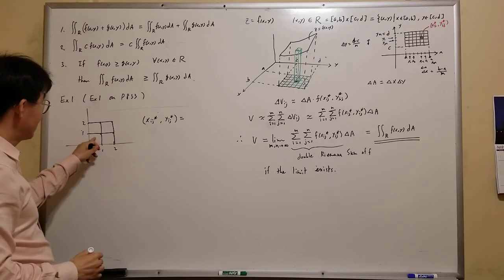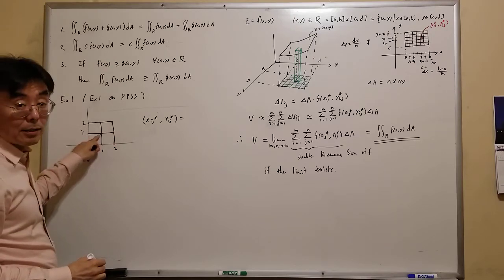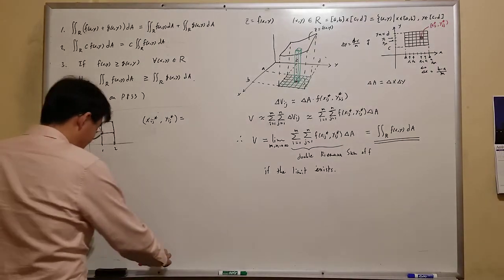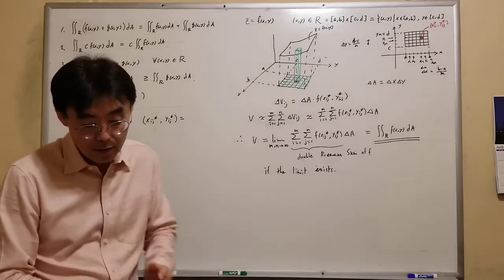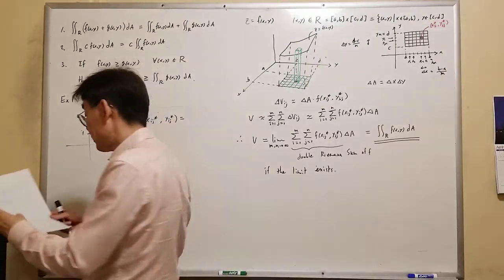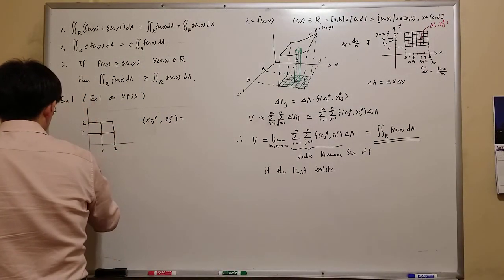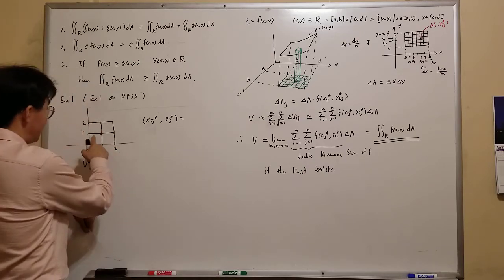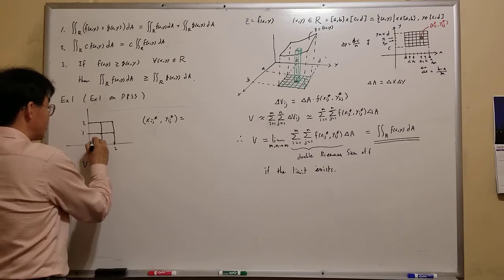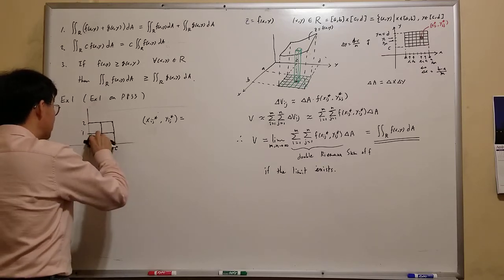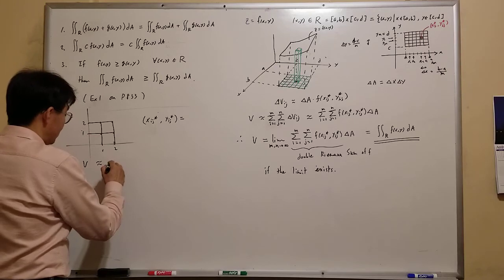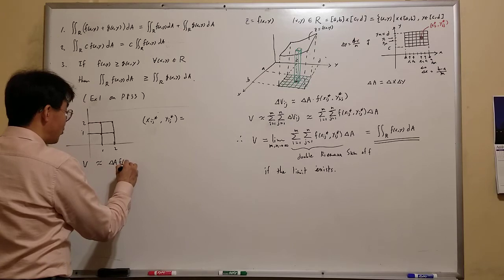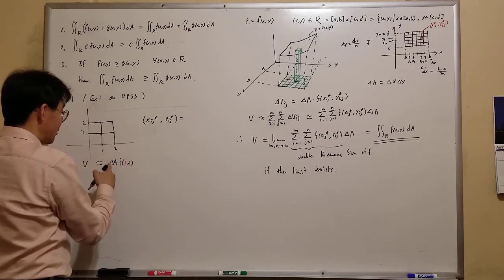For this rectangle, we use this as the sample point to calculate the value. So the Riemann sum volume will be approximated by the base area times the function value at 1, 1. That will be this first one.